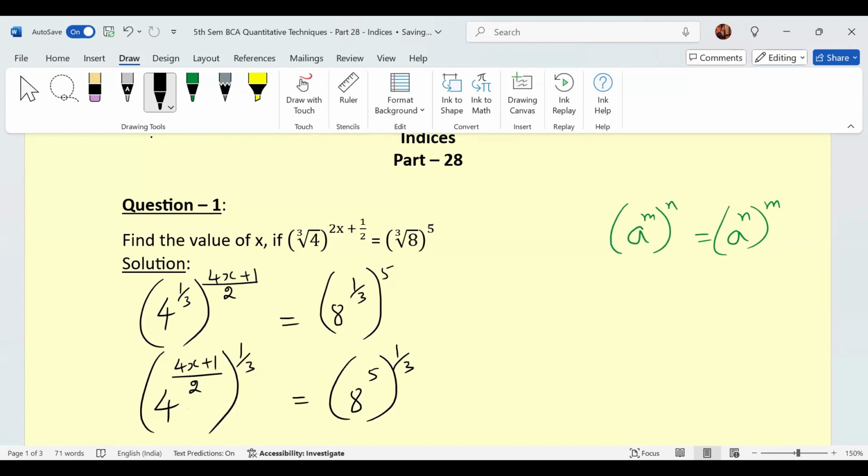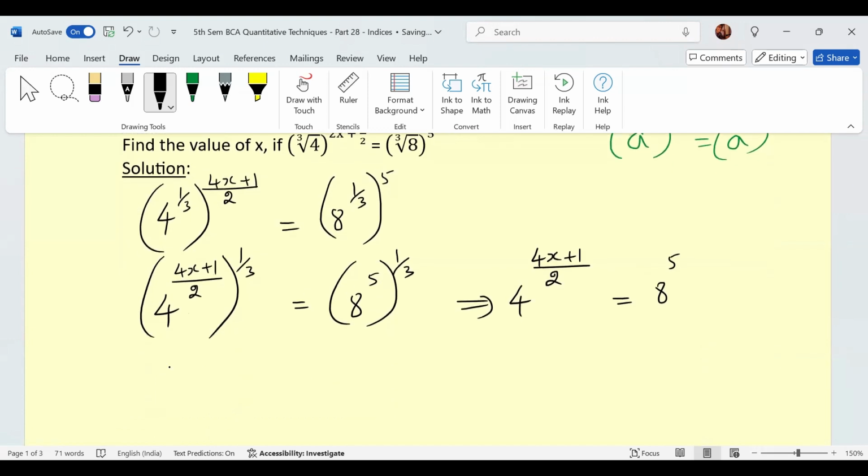So both sides, if we cube it, that 1 by 3 will go from the power. So we can write that as 4 to the power of 4x plus 1 by 2 is equal to 8 to the power of 5.